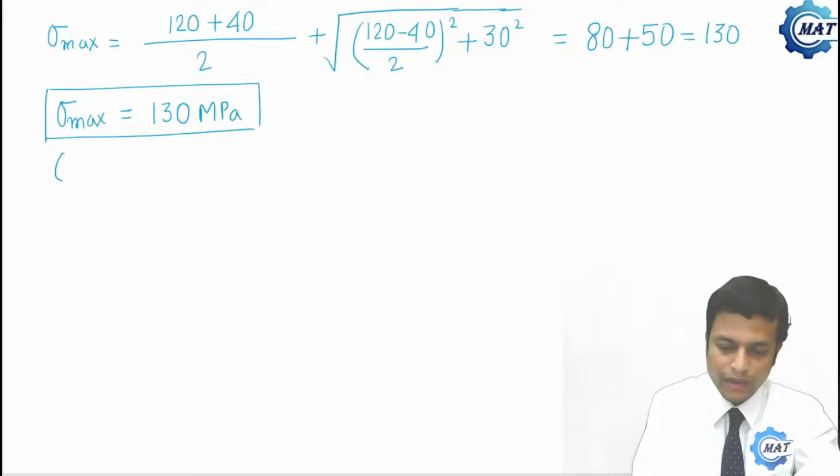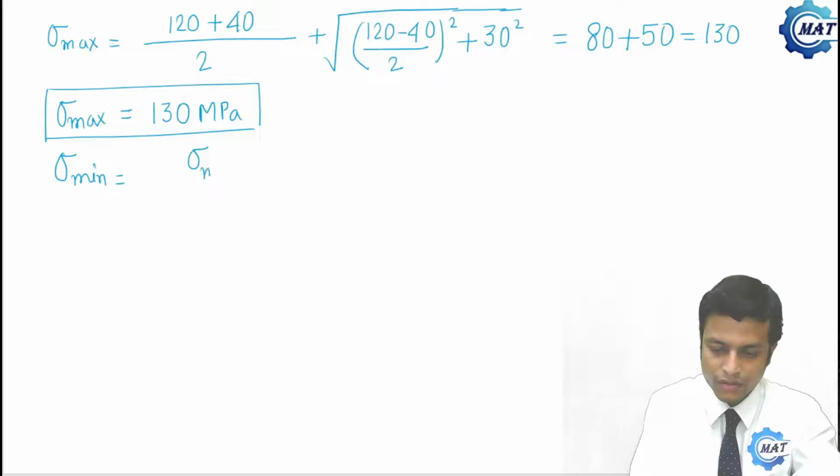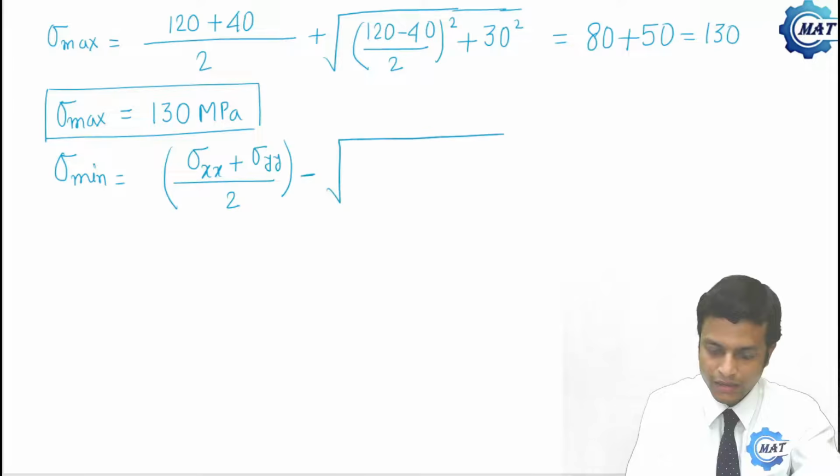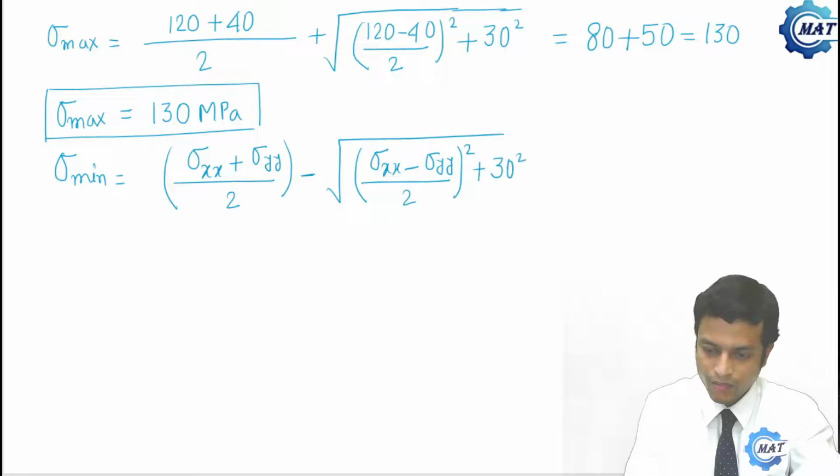Now what is sigma min? Sigma min is nothing but only this sign will be minus. So (sigma xx plus sigma yy) by 2, this sign will be minus only. Remaining all are same: root over ((sigma xx minus sigma yy) by 2) square plus 30 square.